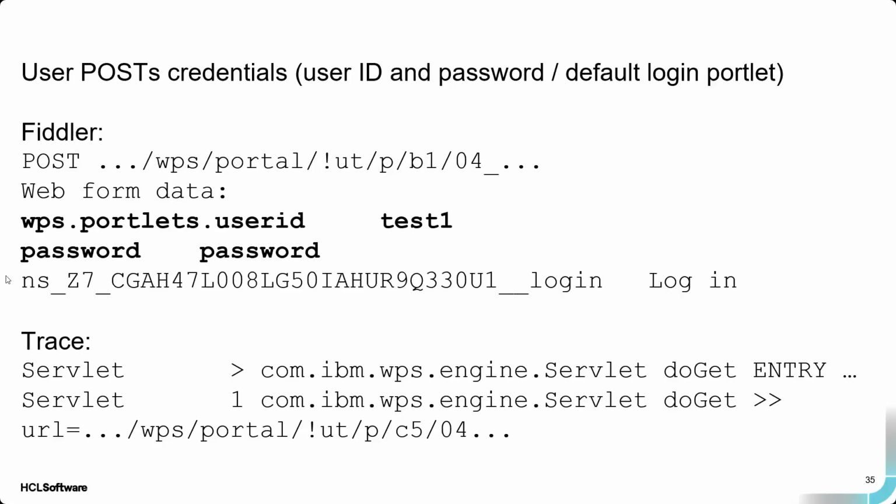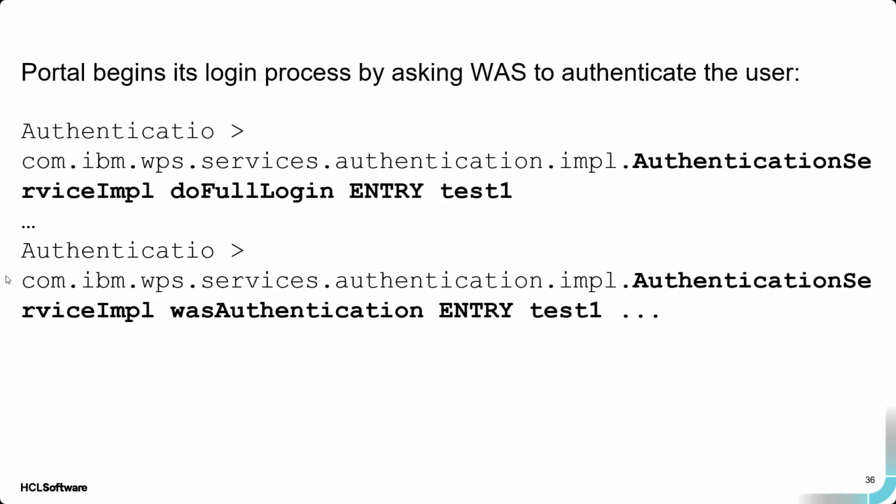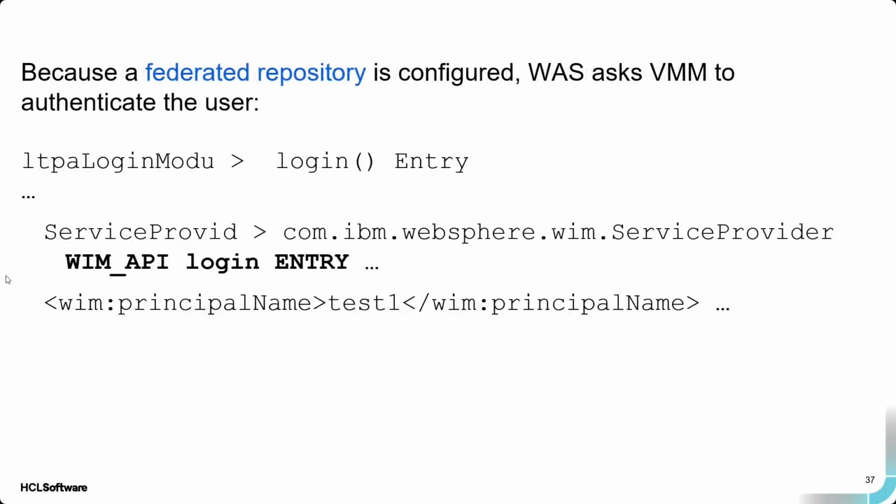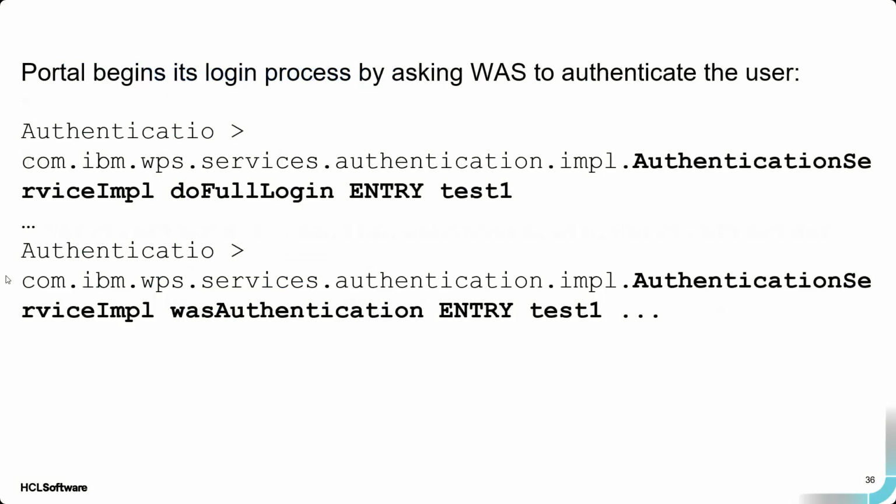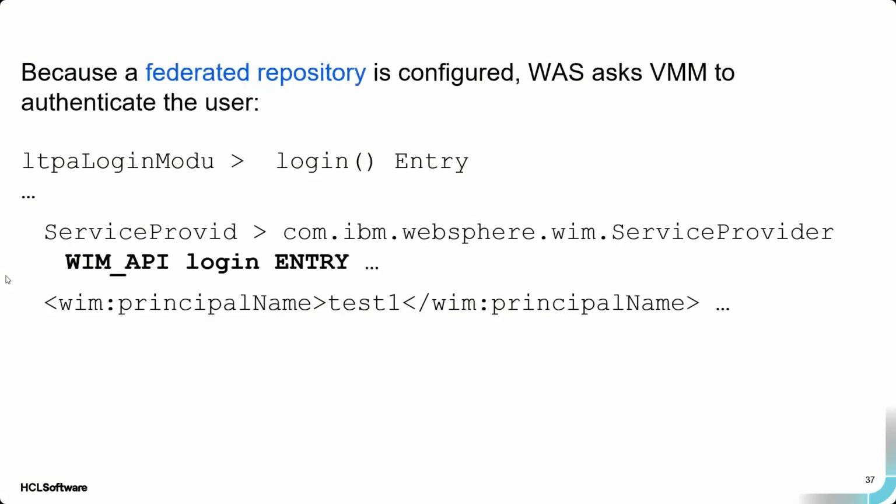Those credentials reach the Portal server. And of course, we do not log any usernames and passwords. But we call the authentication service saying we are logging this user in. As I mentioned earlier, the WebSphere configuration here says, hey, Virtual Member Manager, you are the federated repository.